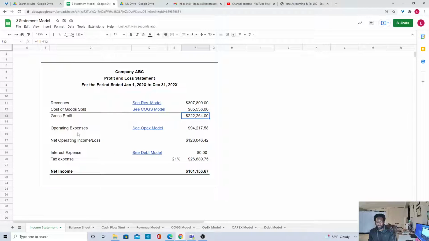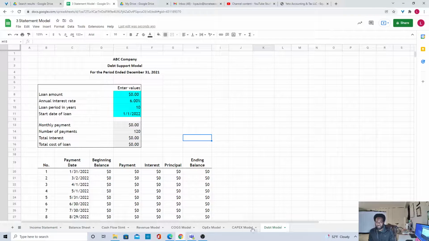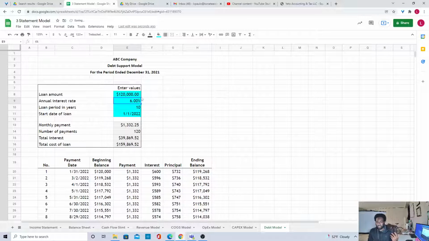When we go back to our operating expense, this is what we are going to be able to see. So this is how you build your P&L model. But there is a last piece. If you borrow money to finance your business, you will probably have some interest expense. So let's assume you borrowed about 120K at a 5% interest rate payable for 10 years.